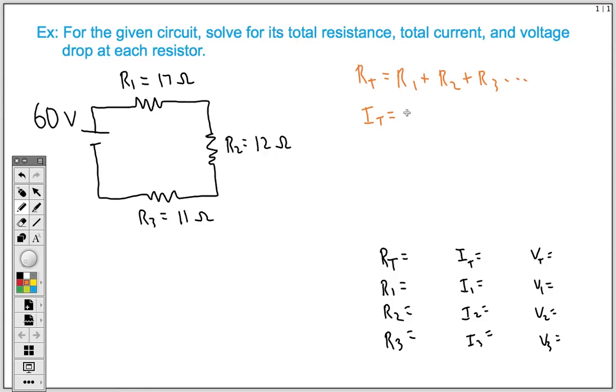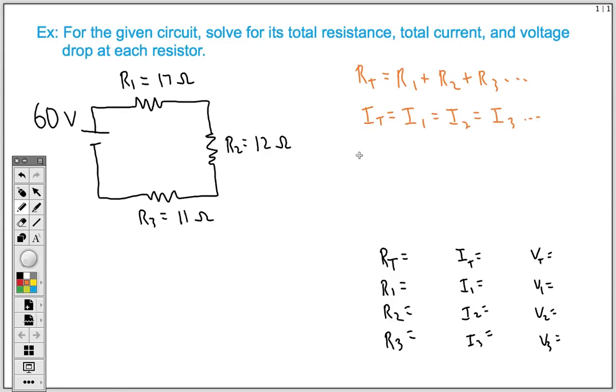To represent that mathematically, we say that the total current is equal at each of the places on the circuit. So I1 is equal to I2 is equal to I3, and so forth.